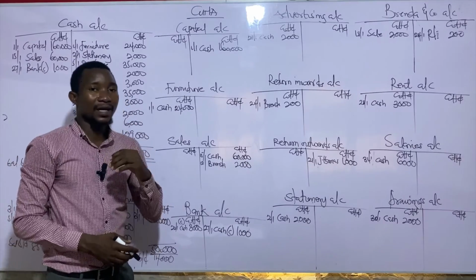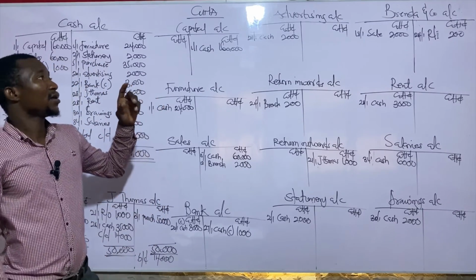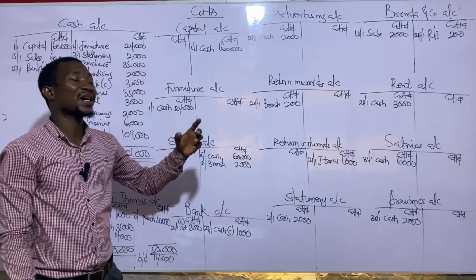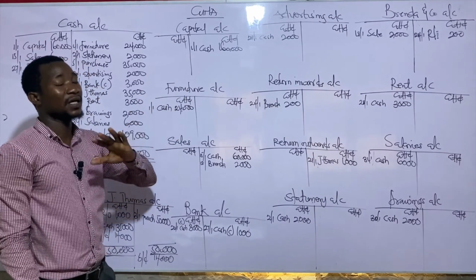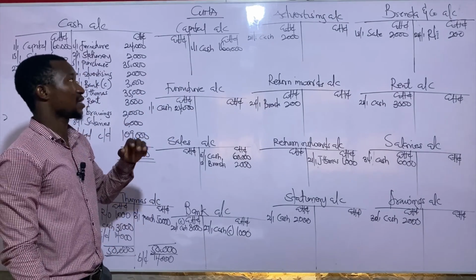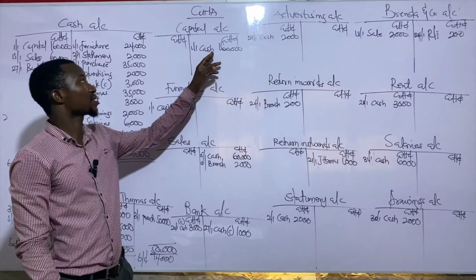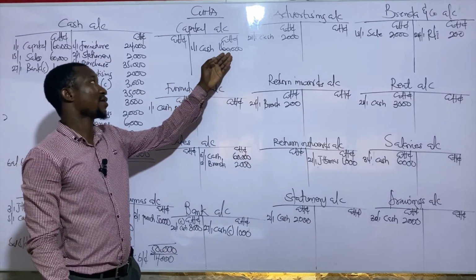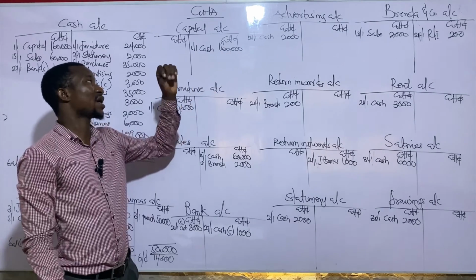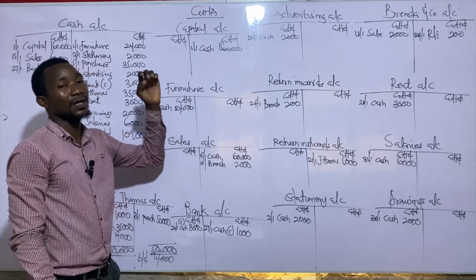In balancing off an account, if only one transaction has been entered in the account, it is very simple to get your balance. It means that side will be the greater side. For instance, in the capital account, the credit entry was 160,000. It means the 160,000 is the larger.